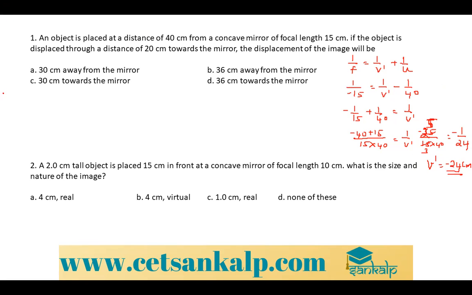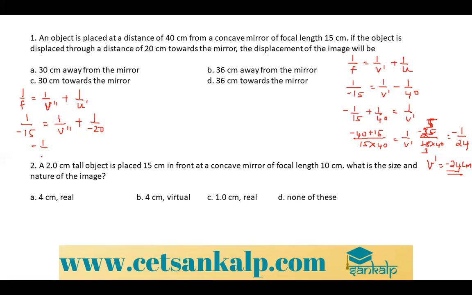Now how much distance is given? 20 is given, right? Now 1 by f is equal to 1 by v double dash plus 1 by u dash, let us take. Okay, next, because it has changed, correct? So now, same, so it is 1 by minus 15 is equal to 1 by v double dash plus 1 by minus 20.